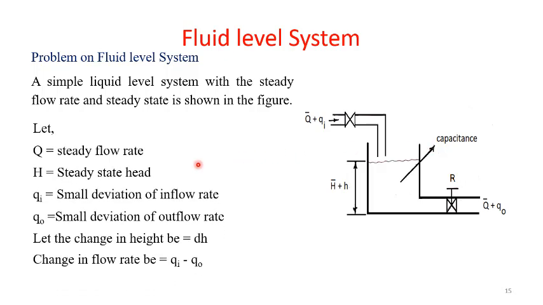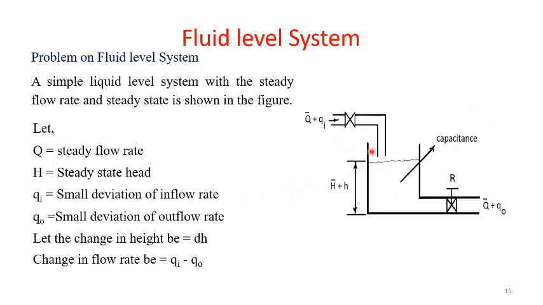Let Q be the steady flow rate, that is Q bar, hence it is denoted by a bar at the top. H, capital H, is the steady state head. So for the steady flow rate we will be getting the steady head H, and using this valve we are going to have a small deviation Qi in the flow rate.